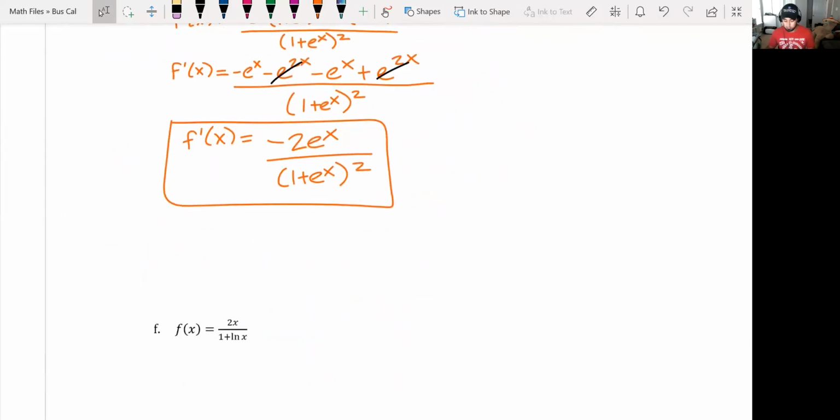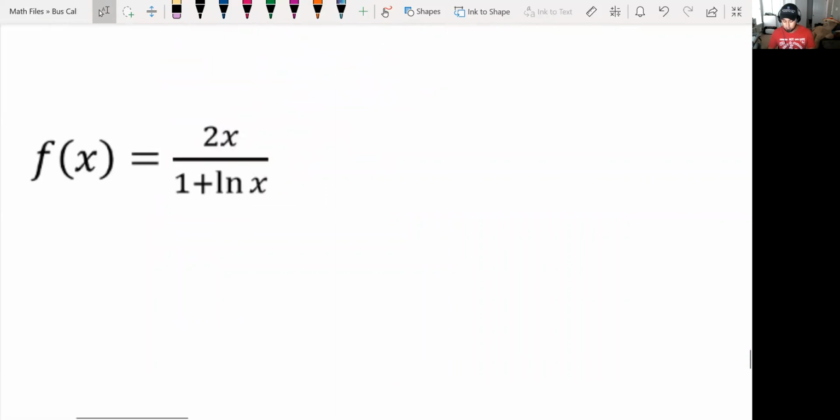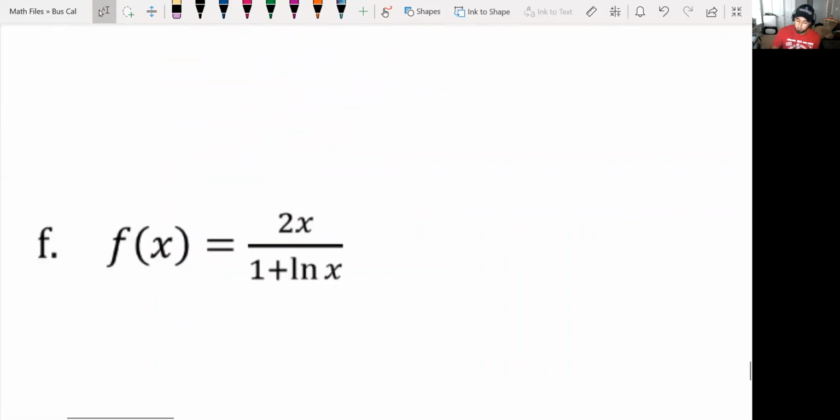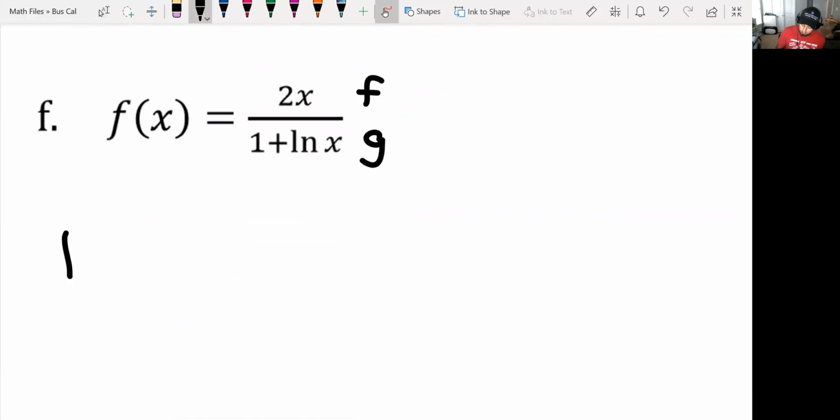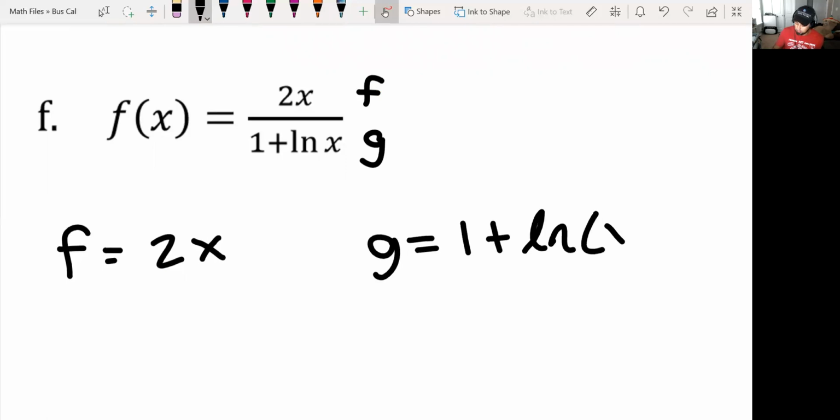Last one. Quotient rule again, and here's f, there's g. f is 2x, g is 1 plus the natural log of x. Derivative of f is 2.